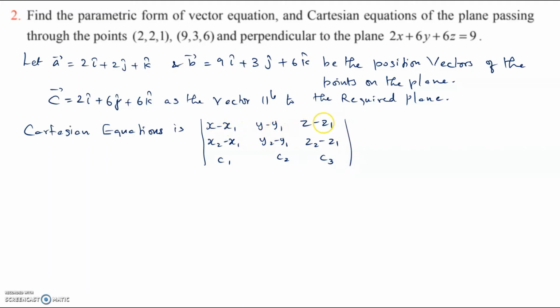Now x1, y1, z1 are the coefficients of i cap, j cap, k cap for vector A, and x2, y2 and z2 relate to vector B, and c1, c2, c3 are the coefficients of vector C, i cap, j cap and k cap. So replacing this, it is equal to 0.